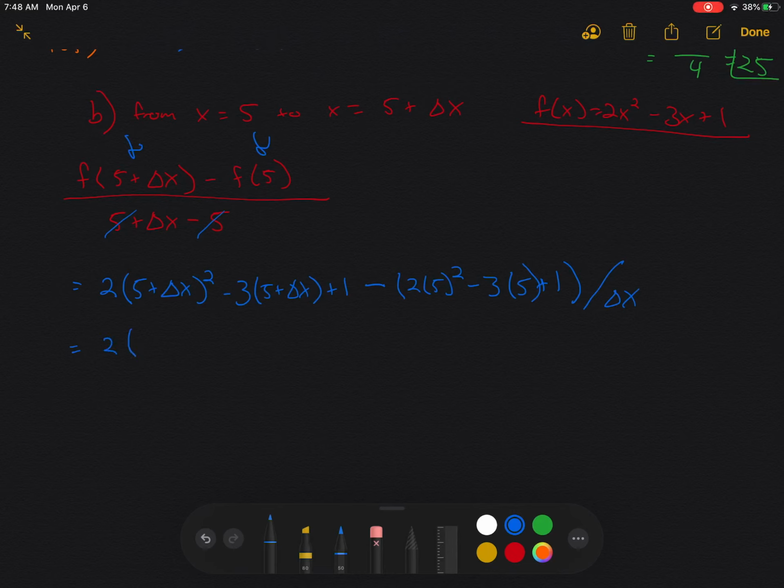So I got 2 times 25 plus 10 delta x plus delta x squared, minus 15 minus 3 delta x plus 1, minus 50 plus 15 minus 1.